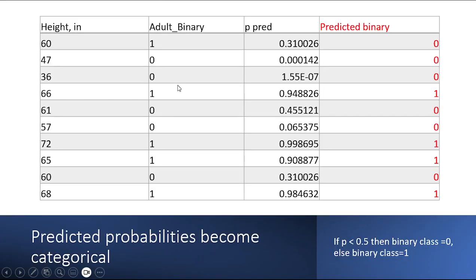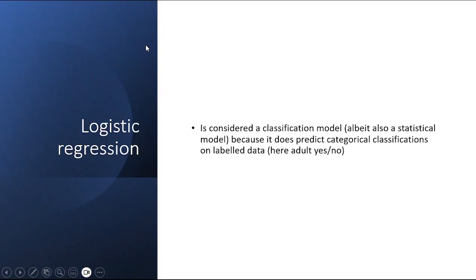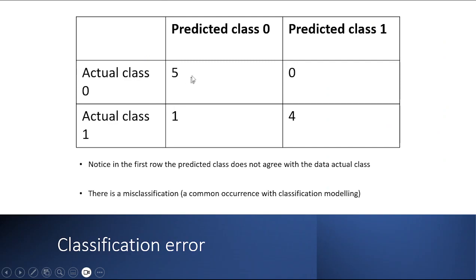The one that was wrong, so notice these are the zeros, 1, 2, 3, 4, 5. One of the ones that the actual class was an adult was inaccurate, and that shows here. So this is the confusion matrix of the actual versus the model. And in this case, we have a misclassification rate of 1 in 10, or 10%, which isn't too bad.